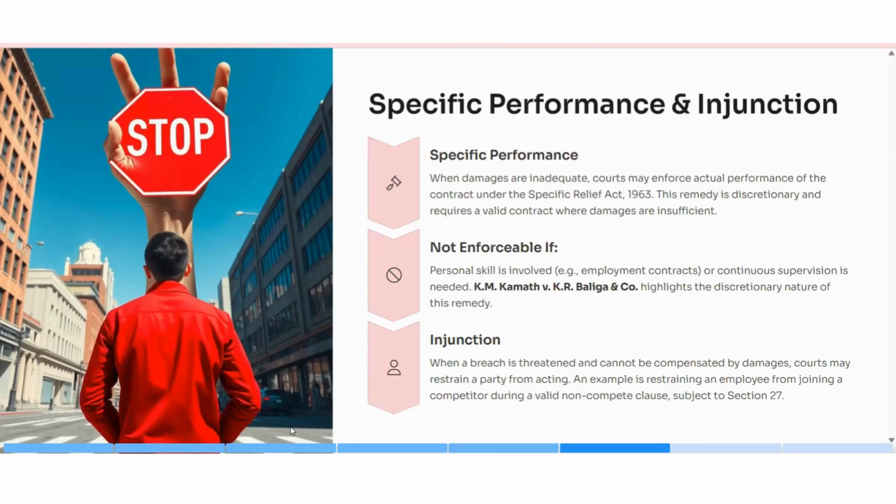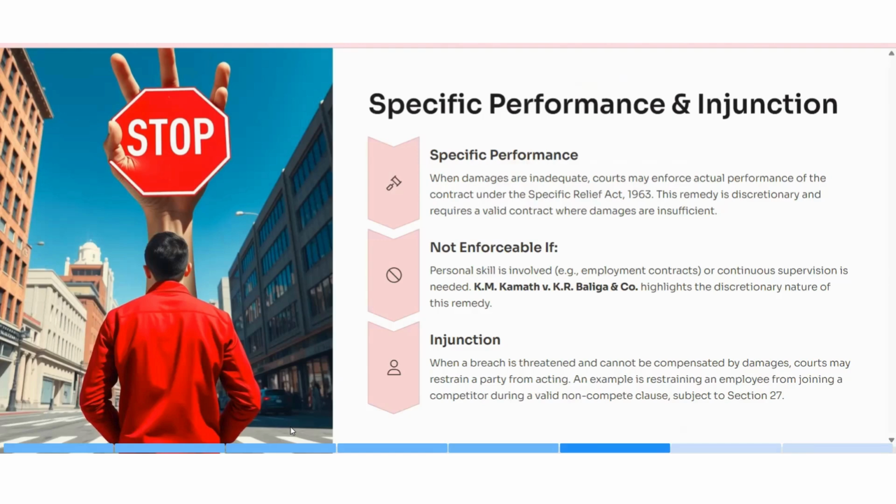This remedy is discretionary and requires a valid contract where damages are insufficient. It is not enforceable if personal skill is involved, for example, an employment contract, or continuous supervision is needed. The case K.M. Kamath versus K.R. Baliga and Company highlights the discretionary nature of this remedy provided by the courts.